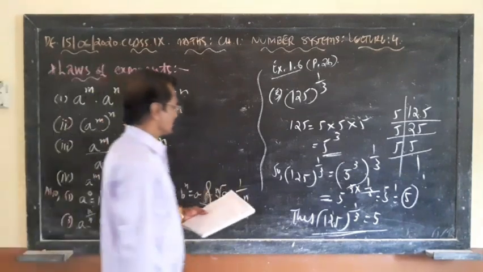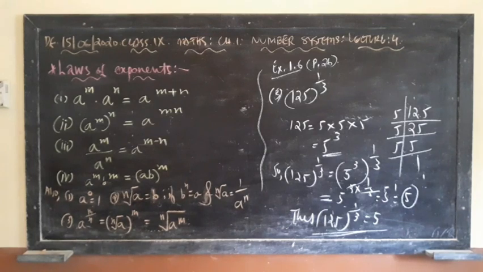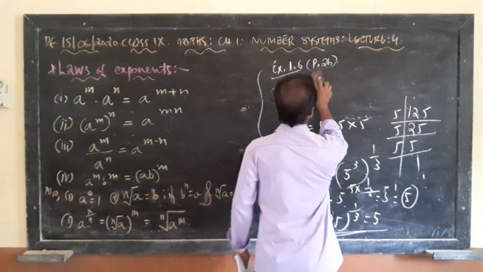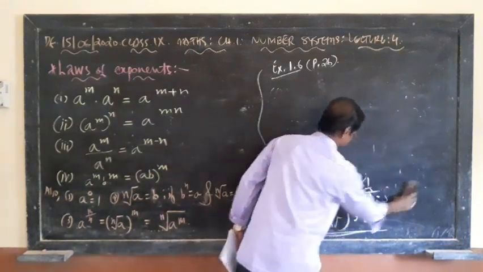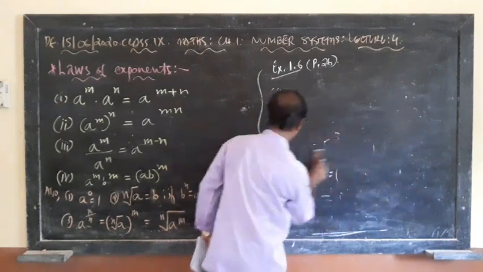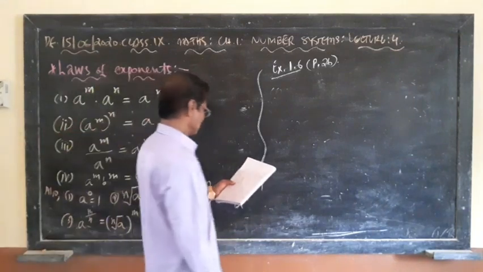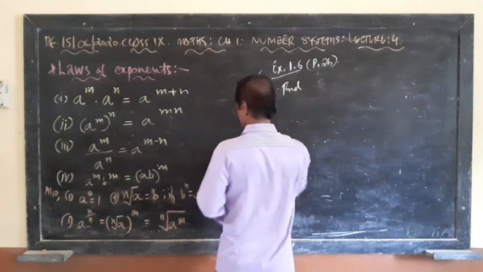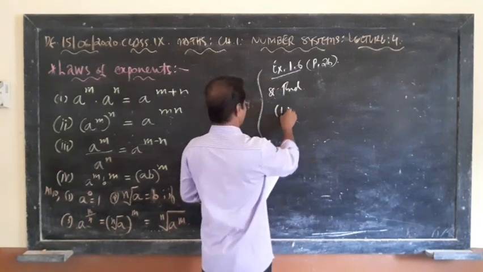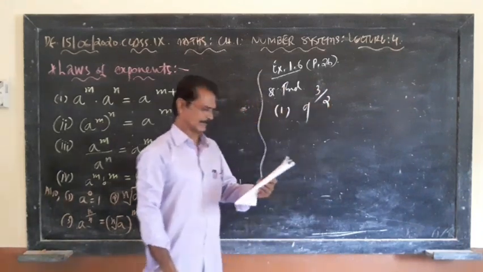The next question is: find 9 raised to 3 by 2. How to find out the value of 9 raised to 3 by 2?